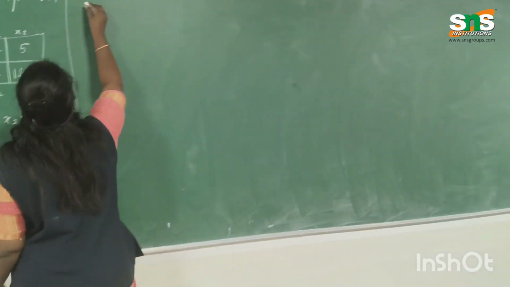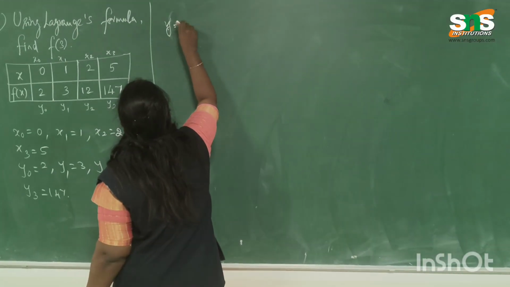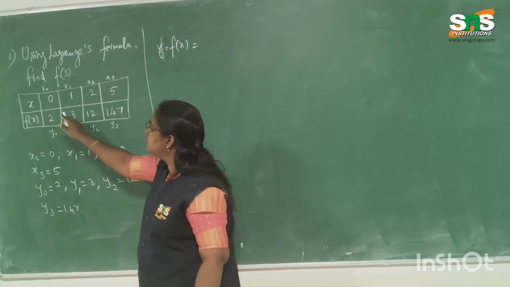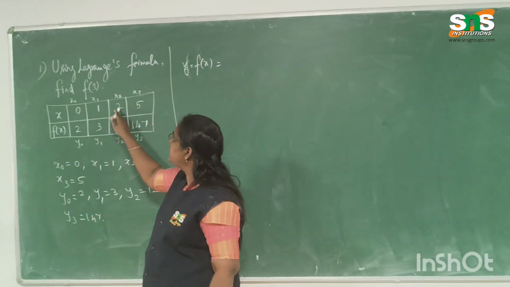I am going to write the formula first. That is y equals f of x. First we consider x0. We omit this x0, and take the remaining 3 values x1, x2, x3.